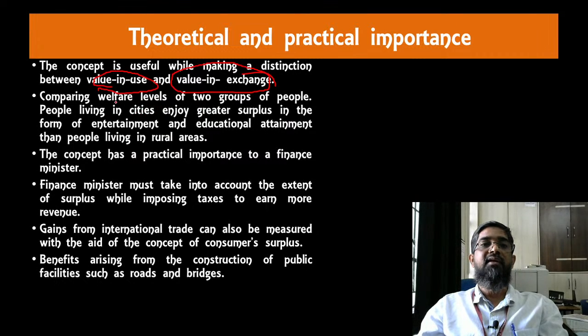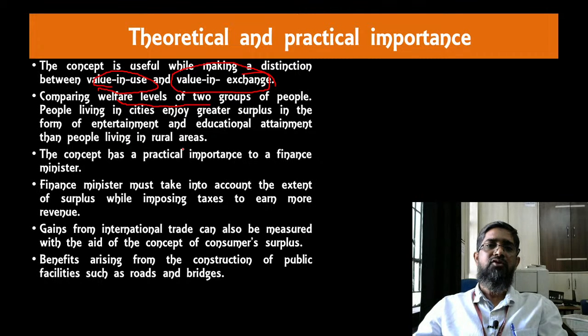Then in welfare economics also the consumer surplus concept is taken, like in education and health departments. These are departments where consumer surplus is very high, so the government should be investing in those projects.